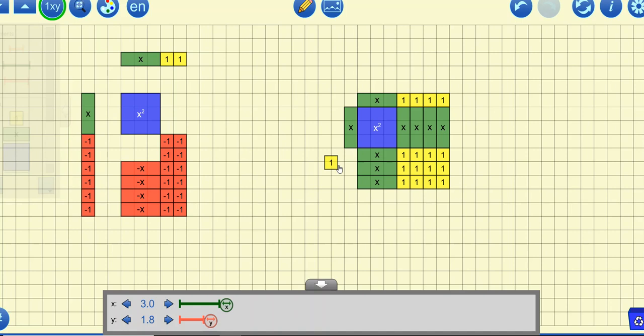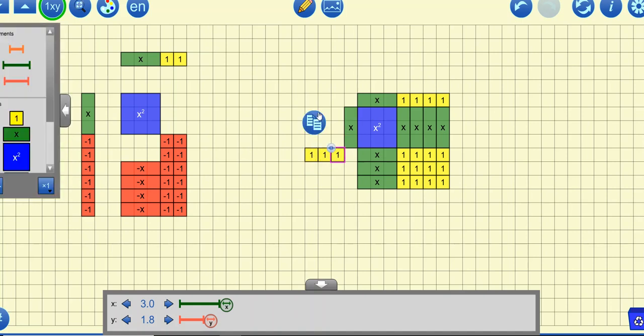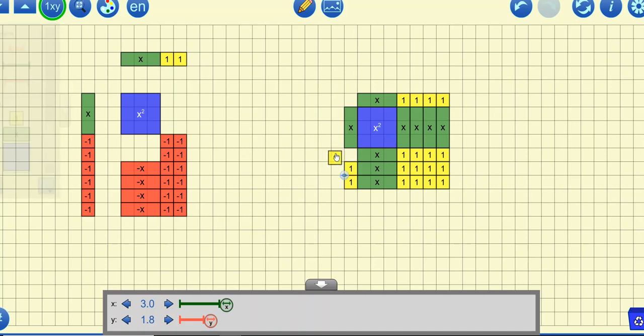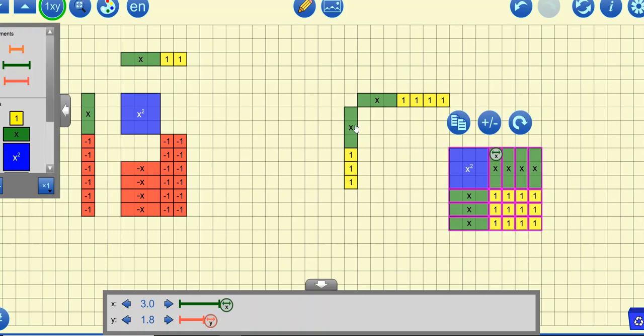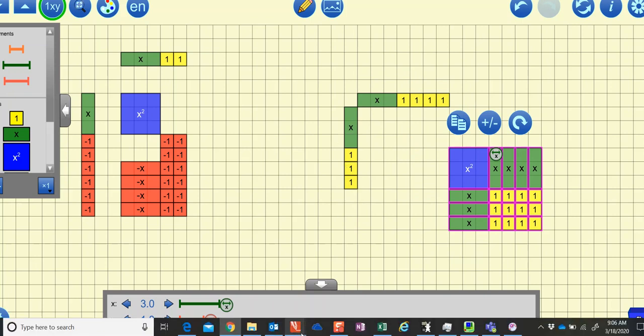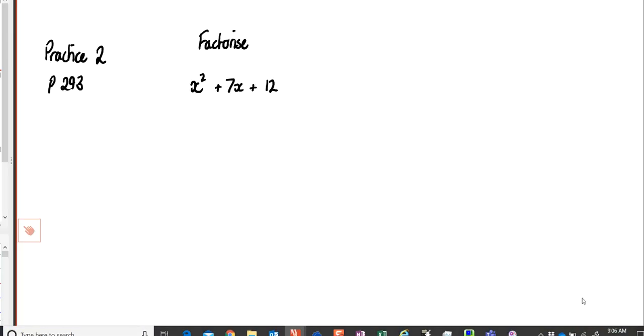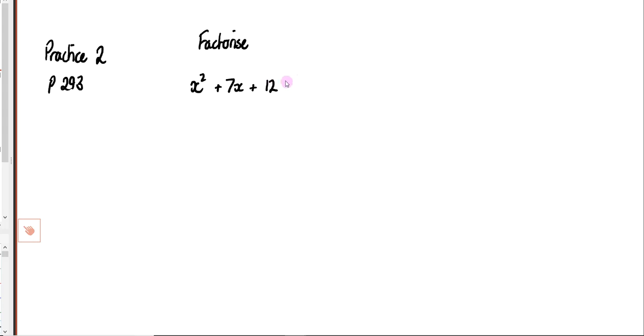So I'm going to have 3 of these. Okay. And then this time I'm going to take out the question, and they are my brackets. So I would have x plus 4 and x plus 3. So if we look at the question, this identity would then be x plus 4 and x plus 3.